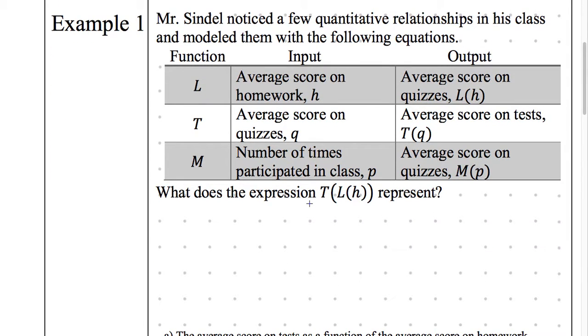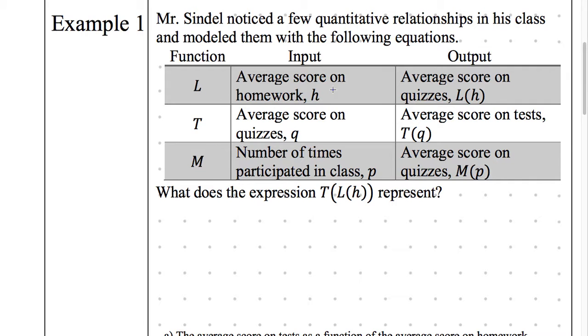All right, so this is Mr. Sandell's own example. I modified a question from Khan Academy to make it my own. This is almost exactly what you'll see on Khan Academy though. I noticed a few quantitative relationships in my class, and I modeled them with the following equations. L, T, and M correspond to what that function is called.